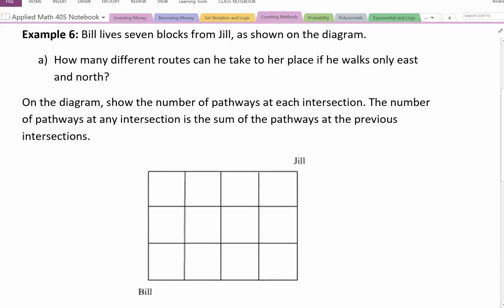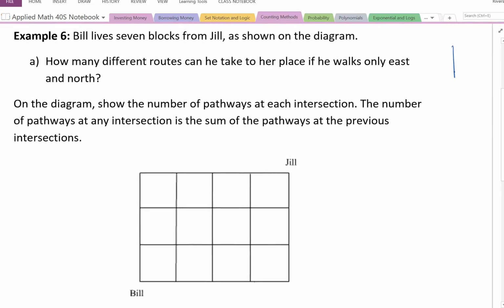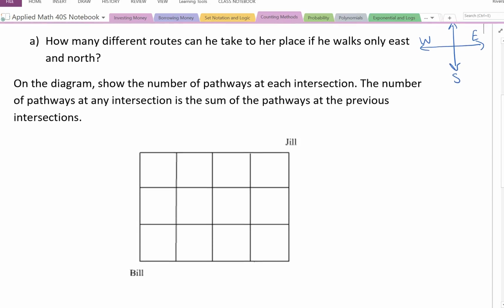So, a reminder for your cardinal points. We've got north, south, west, and east. So in this case, you can only go north and east. So just wait a minute, don't copy the notes down, and have a look at what we can do in terms of counting. So what does a pathway mean?